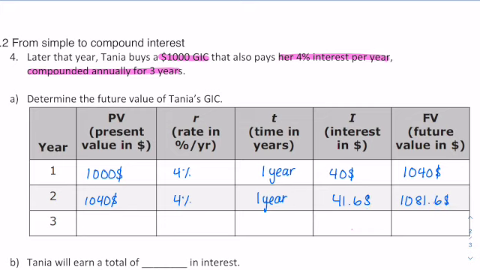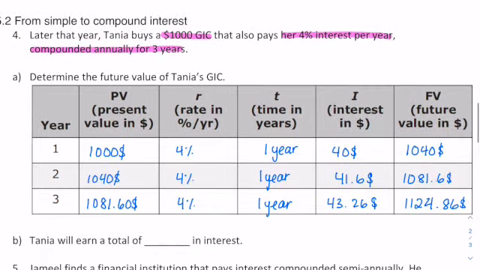So you're adding this up, and then your 1,081.60 comes over here and gets recalculated again, to give you a total at the end for her future value of 1,124.86. So how much is she going to earn in interest? She put $1,000 in. How much is she earning in interest? It's $124.86.